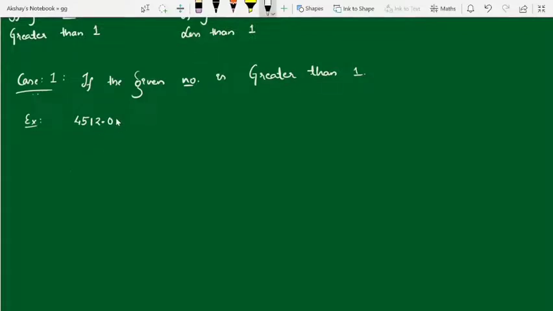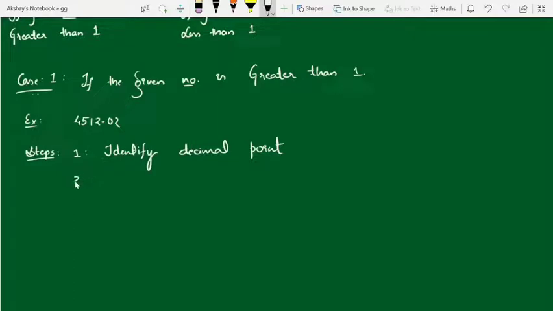So what steps are we following? First step, you have to identify the decimal point. This is our first step.